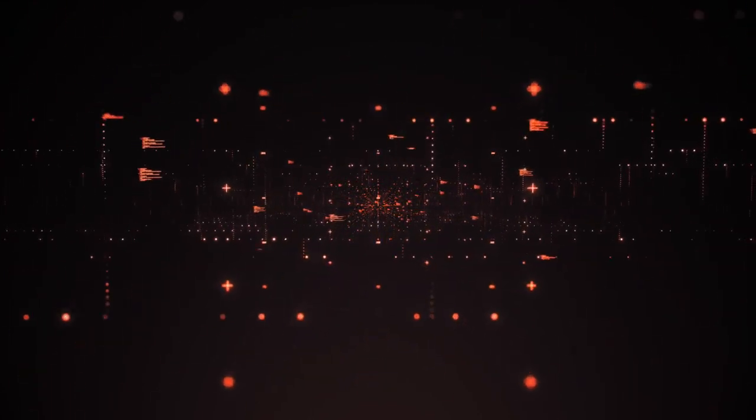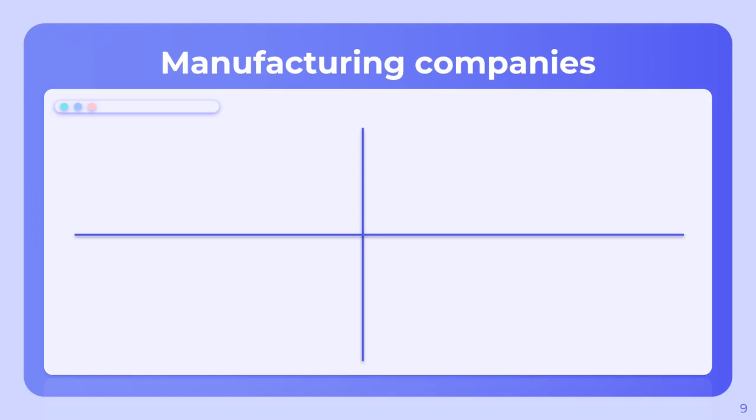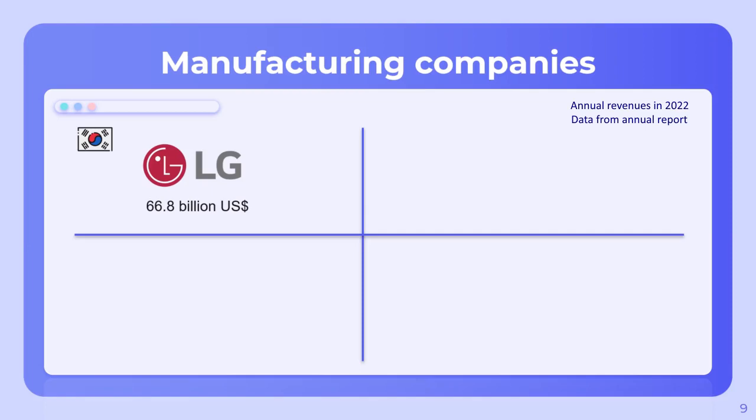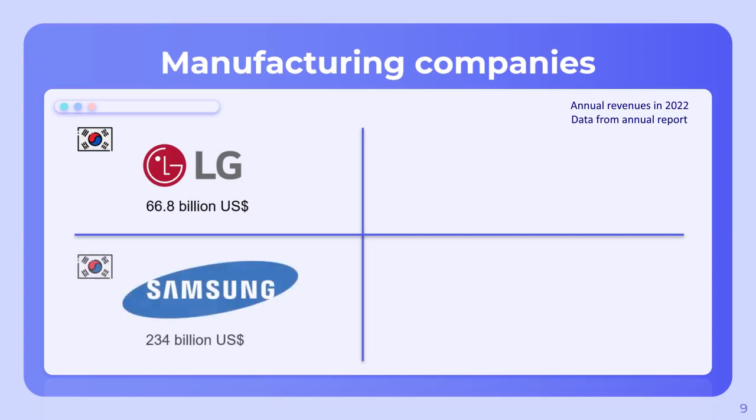Well, there are globally a lot of companies that work on transparent displays for the moment, with different stages of development, but here are four of the main players in that industry. LG, a South Korean company recognized worldwide with an annual revenue for 2022 of 66.8 billion US dollars. One of the oldest companies, they have the most diverse portfolio for transparent OLED.